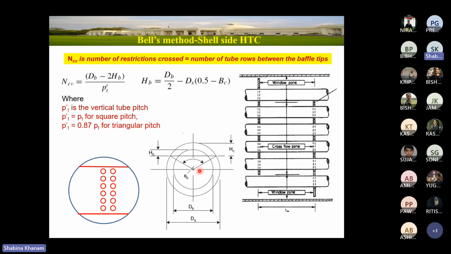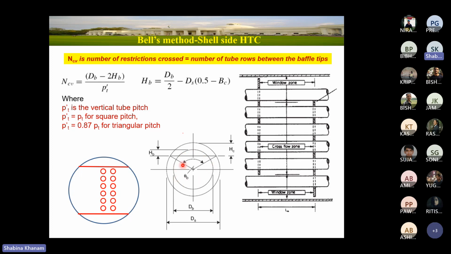In another way, please try and understand, that number is proportional to, or we can relate it to, the heat transfer area available in the window zone divided by the total heat transfer area.